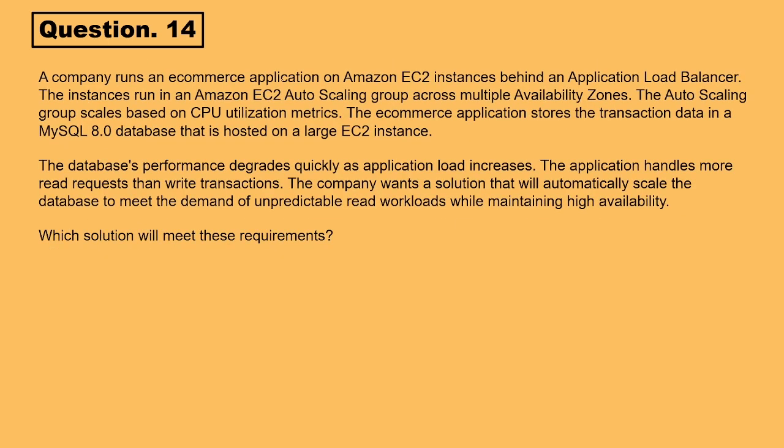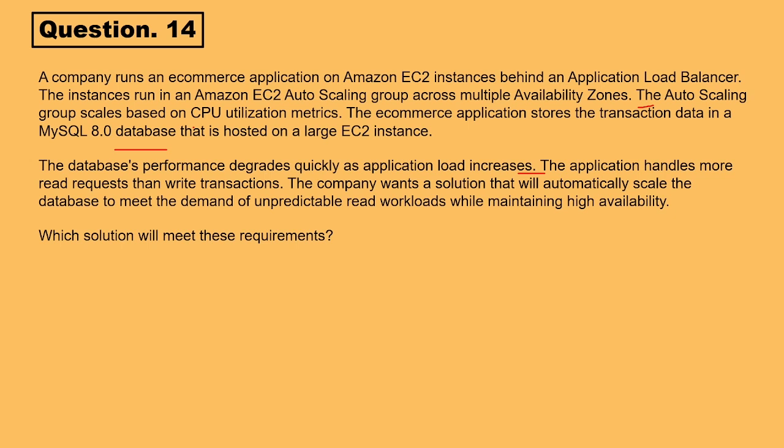Now, question number 14. A company runs an e-commerce application on Amazon EC2 instances behind an Application Load Balancer. The instances run in an Amazon EC2 Auto Scaling group across multiple Availability Zones. The Auto Scaling group scales based on CPU utilization metrics. The e-commerce company stores the transaction data in a MySQL 8.0 database that is hosted on a large EC2 instance. The database performance degrades quickly as application load increases.